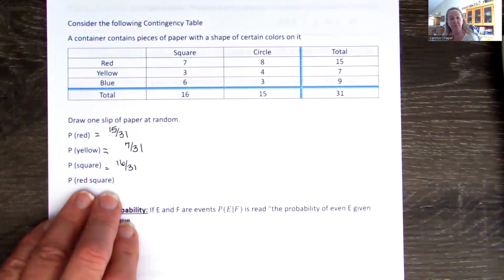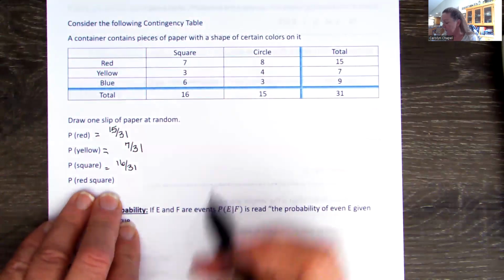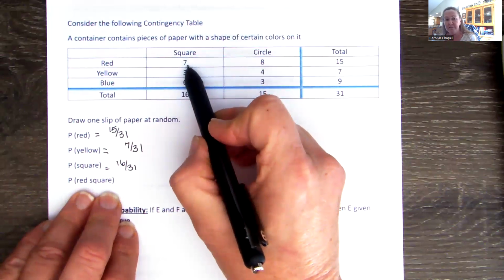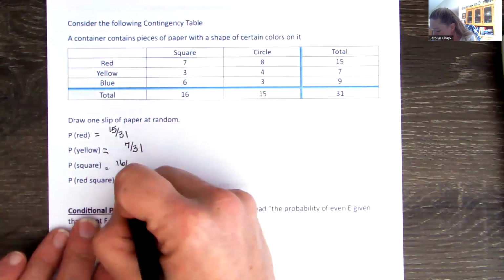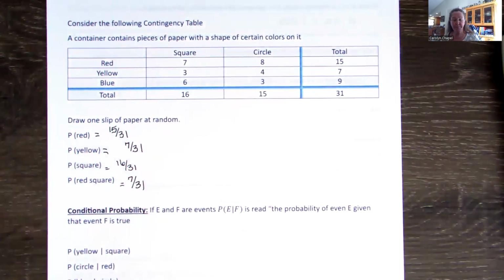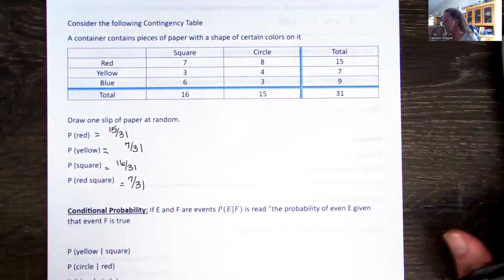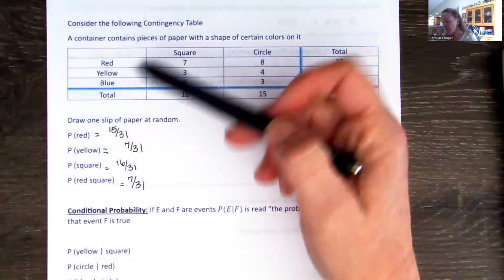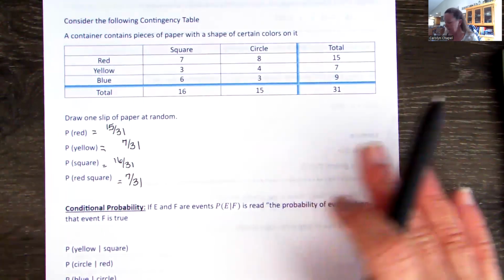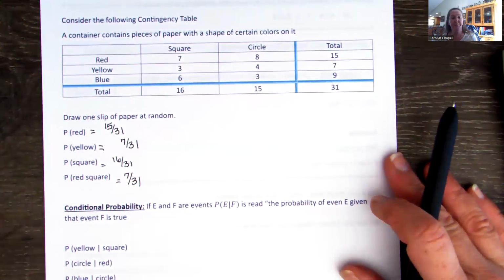So now we're being a little bit more specific. We have to go into the table and find that we have 7 red squares out of our 31 pieces. Okay, so that gives us a little bit of familiarity with how to work with these contingency tables, these tables that have information on them.